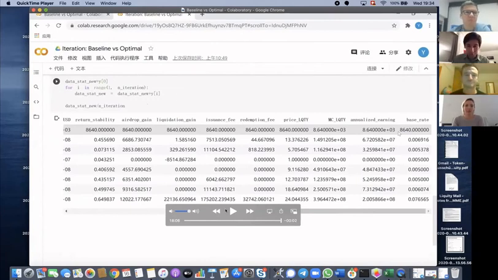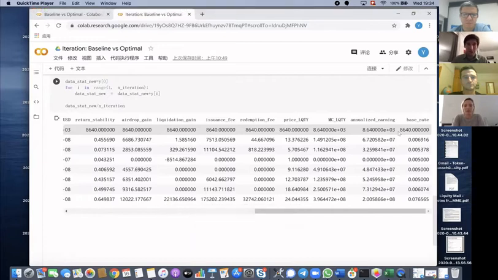So I just wanted to summarize. Basically what we tried to analyze here in the first place is how we should set our fees, like the issuance fee and the redemption fee, so that we can achieve multiple goals at the same time, or that we can strike a good balance.